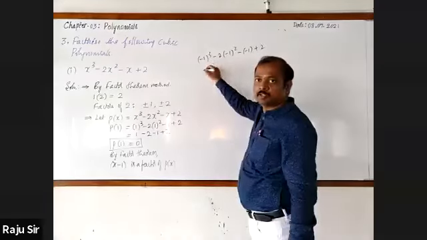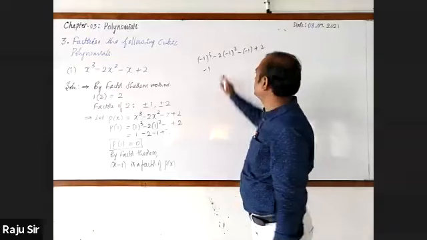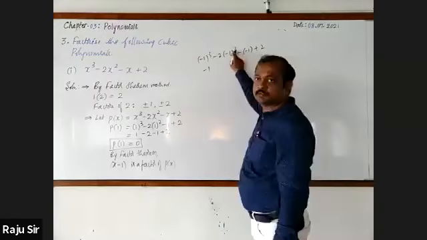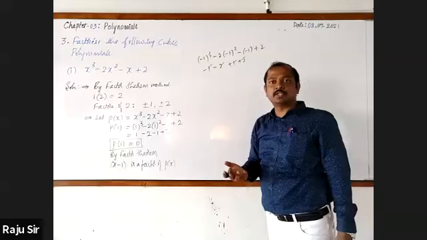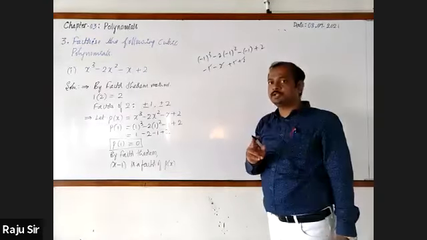Minus 1 whole cubed is minus 1, minus 1 whole squared is 1, minus 2, minus into minus plus 1, plus 2. That is also 0. Have you got it?